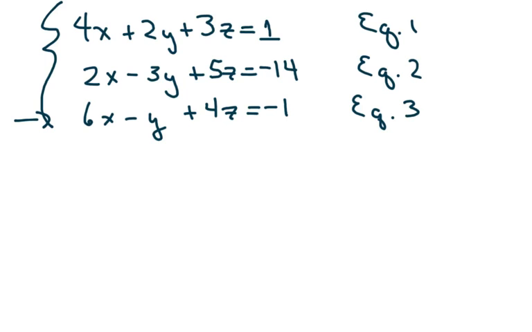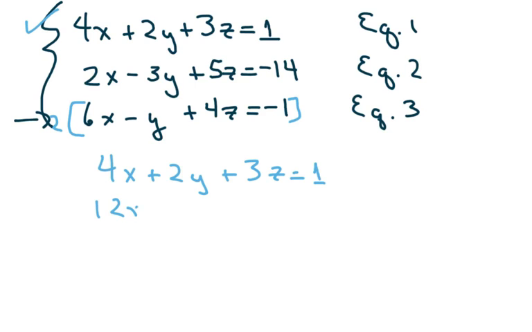So I'm going to write this equation down, 4x plus 2y plus 3z equals 1. And this one, I'm going to multiply everything by 2. And when I do that, I'm going to get 12x minus 2y plus 8z equals negative 2.